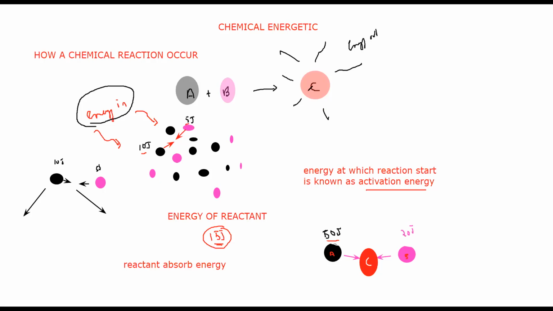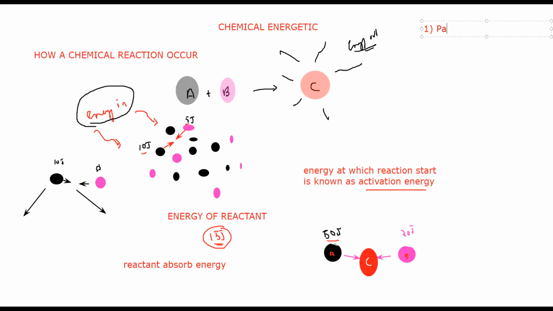So when a chemical reaction occurs, it does not happen in one step. First, the reactants absorb energy, they reach the activation energy, and then they form the final product. And once the product is formed, because product formation is bond forming, and bond forming is exothermic. So if I summarize this in steps, how does a reaction occur?